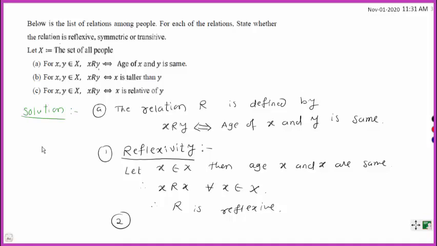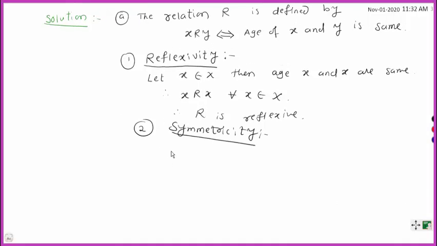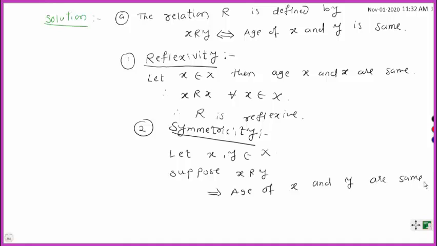Second one, we have to check whether this R is symmetric or not. Symmetricity. For that, let x, y belongs to X. Suppose x is R related to y. This implies that age of x and y are same. This implies that age of y and age of x are same.